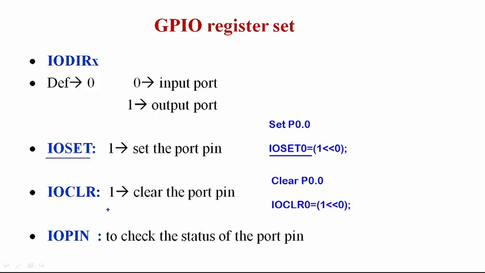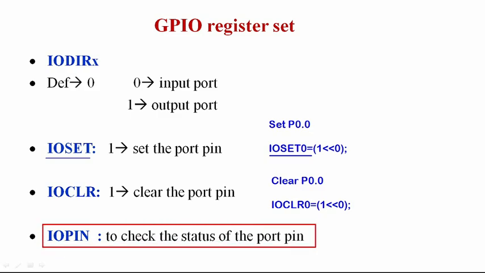The last one is IOPIN. The IOPIN register is used to read the status of a port pin. For example, let us assume there is a microcontroller and I have connected a switch to it. I want to know whether the switch is pressed or not. How do you identify that?